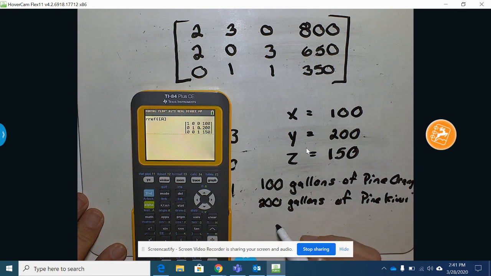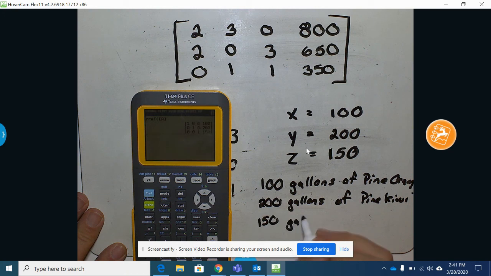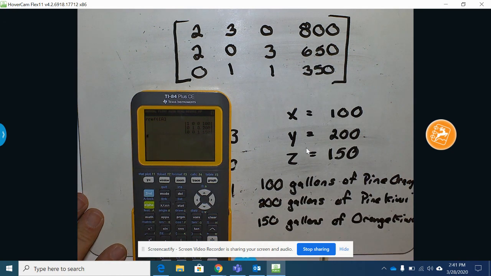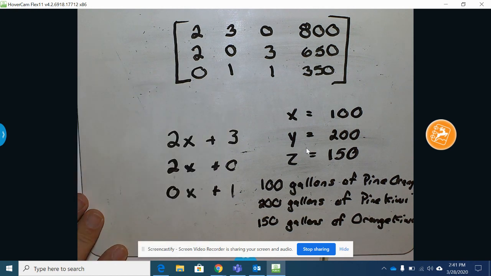And we are going to have 150 gallons of orange kiwi. Okay, that's based off of that and our defined variables. That combination will use up all of the juices that we have. Okay. Let's move on to our next problem.